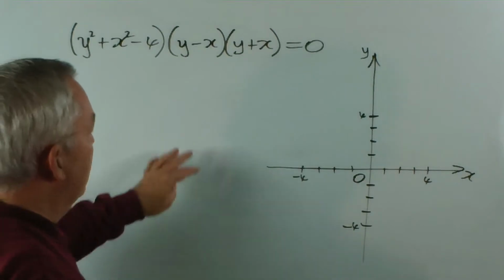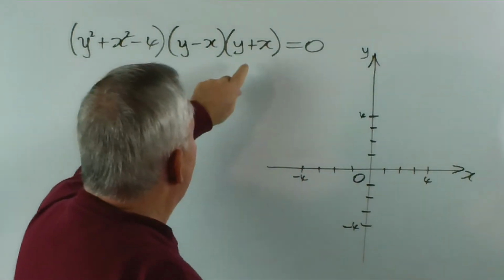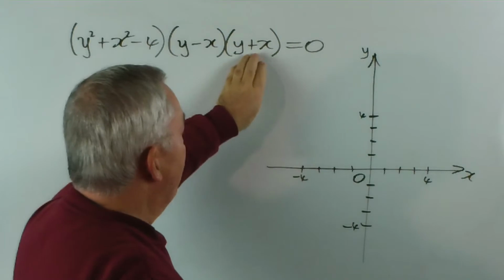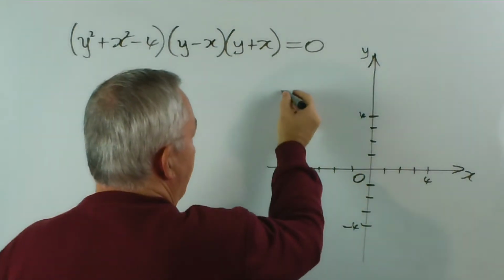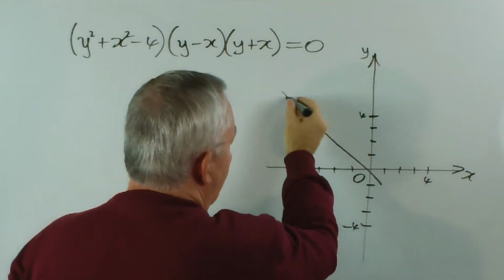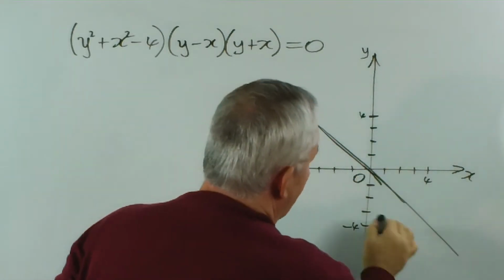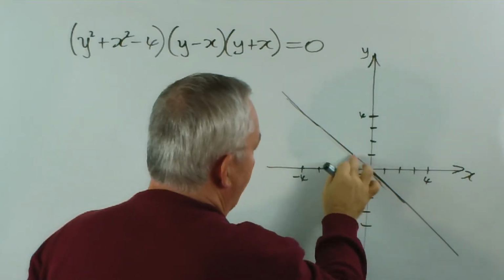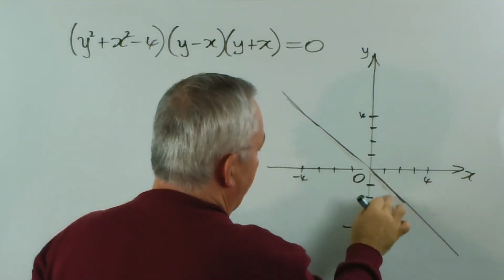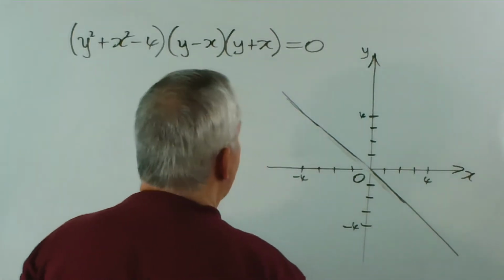And what asymptotes? Well, they're not asymptotes, they're zeros. So in other words, to make this 0, if this was 0, y would equal minus x. Oh, that should have gone through the origin. There we go. Sorry, that doesn't rub out very well. There's y equals minus x.